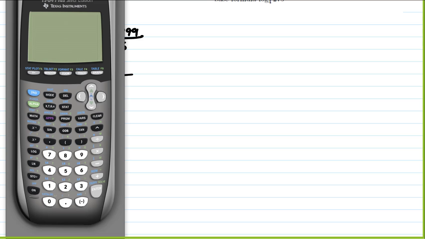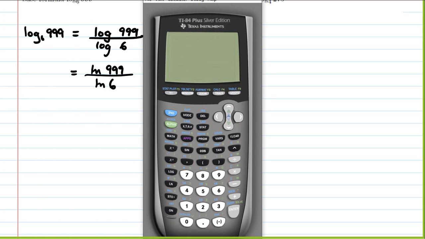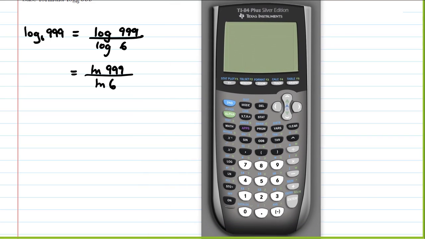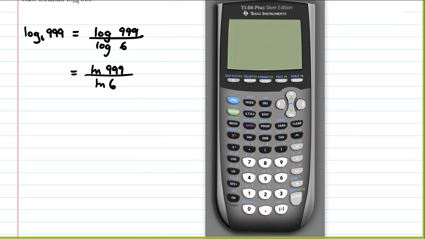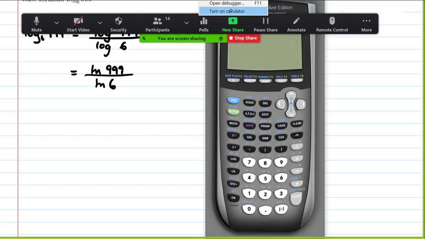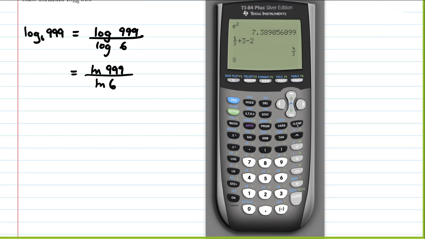So let's go ahead and compute that on our calculator. So if we go log 999 over log 6, we get this number.